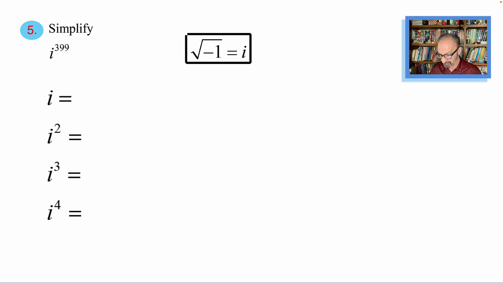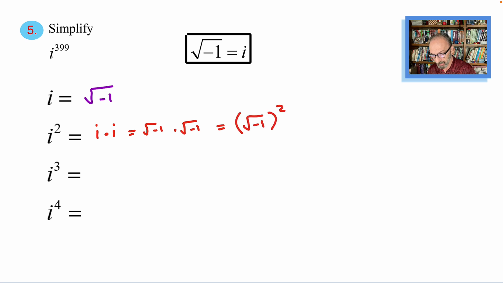For number 5, I'm taking the time to show you how to find i to the power 399. To do it, let's start with i by itself, which is defined to be the square root of -1. i to the second will be i times i, which is square root of -1 times square root of -1, which is square root of -1 squared, and that will give me -1.